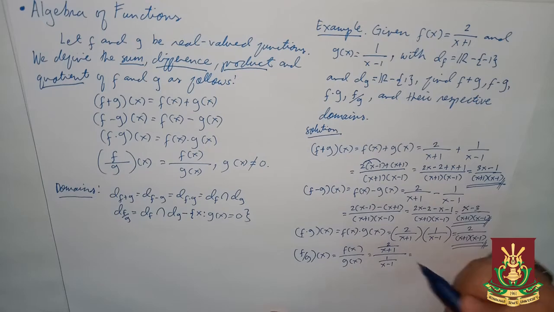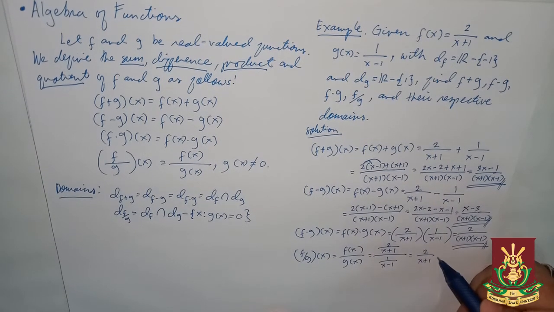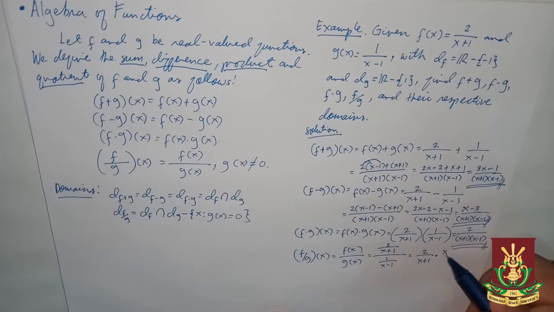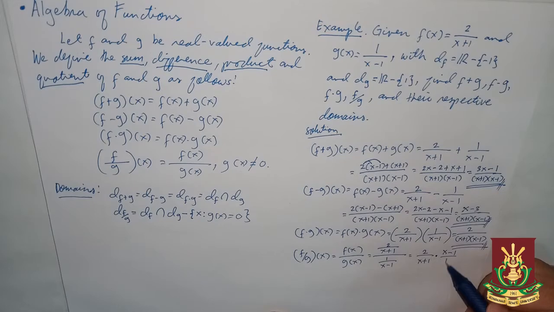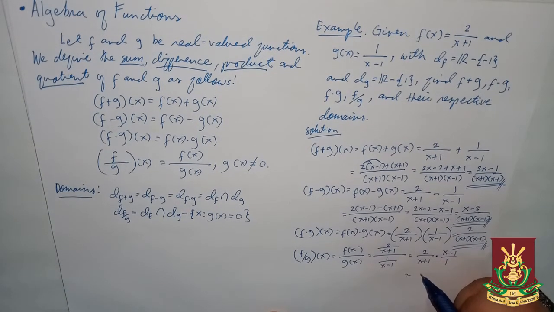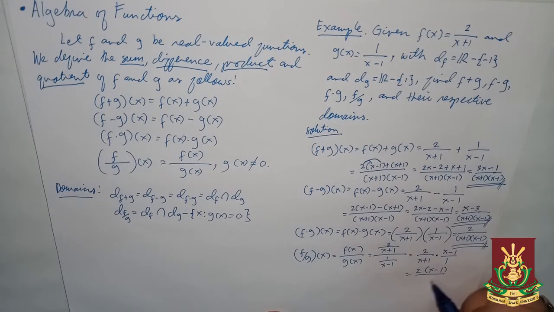Okay? This is 2 over x plus 1 times the reciprocal of the denominator, which is x minus 1 over 1, giving us the result 2 times the quantity x minus 1 all over x plus 1.